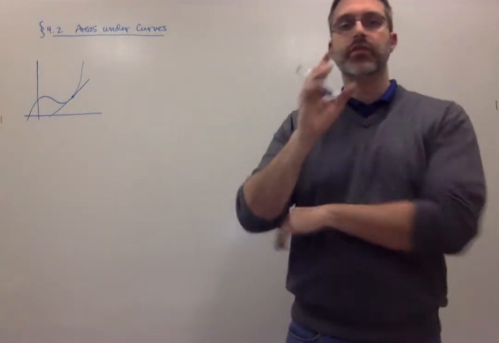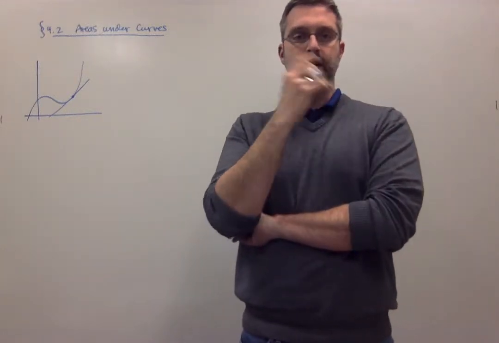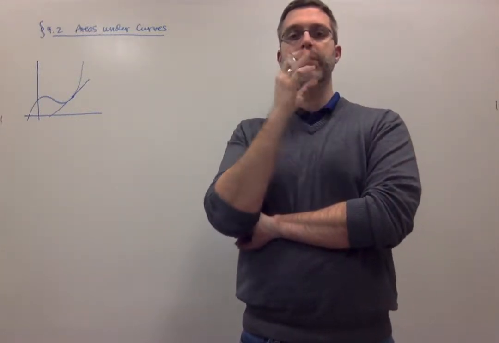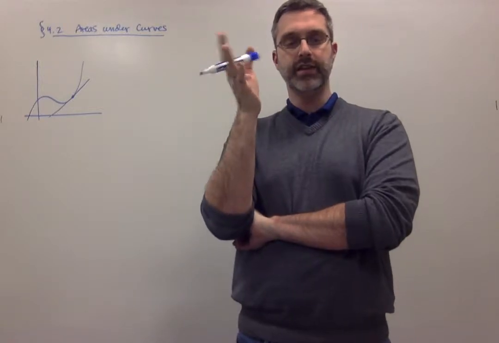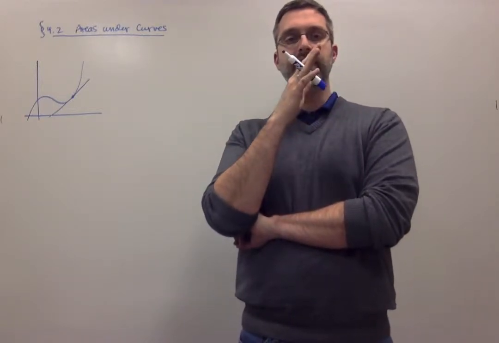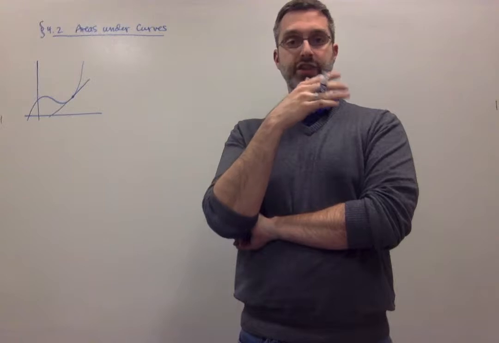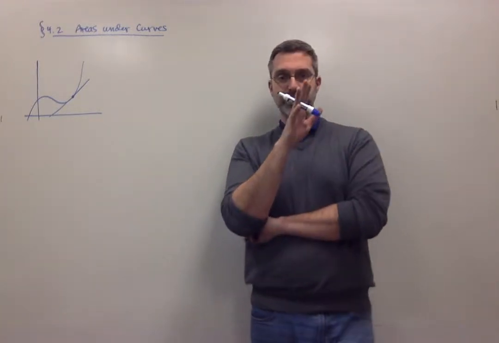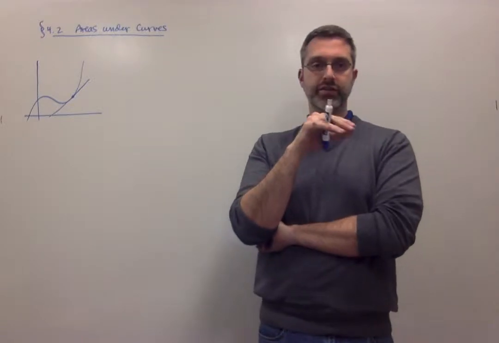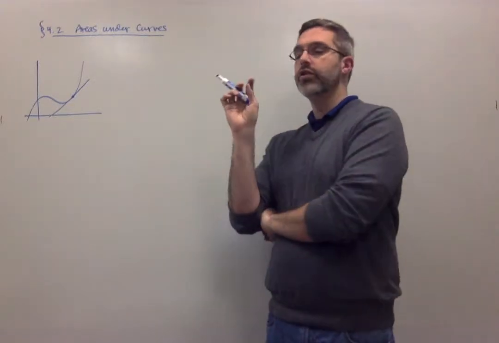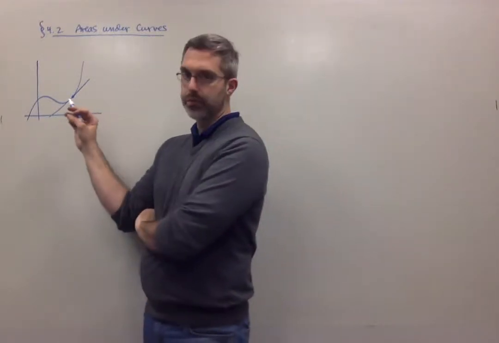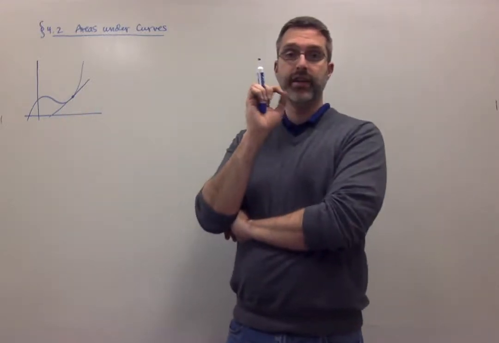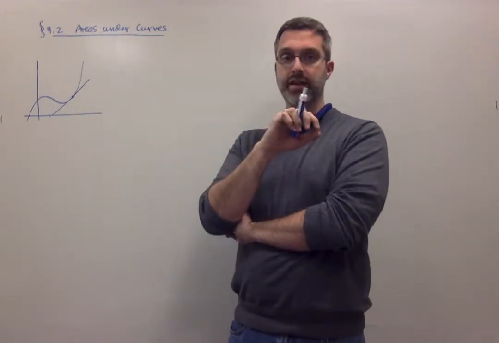There were lots of different reasons, but the slope of the tangent line, which we later called the derivative, is an instantaneous rate of change. So anytime you have something changing, like velocity is change in position or acceleration is change in velocity, you're looking at a slope, an instantaneous rate of change, so a slope of a tangent line.